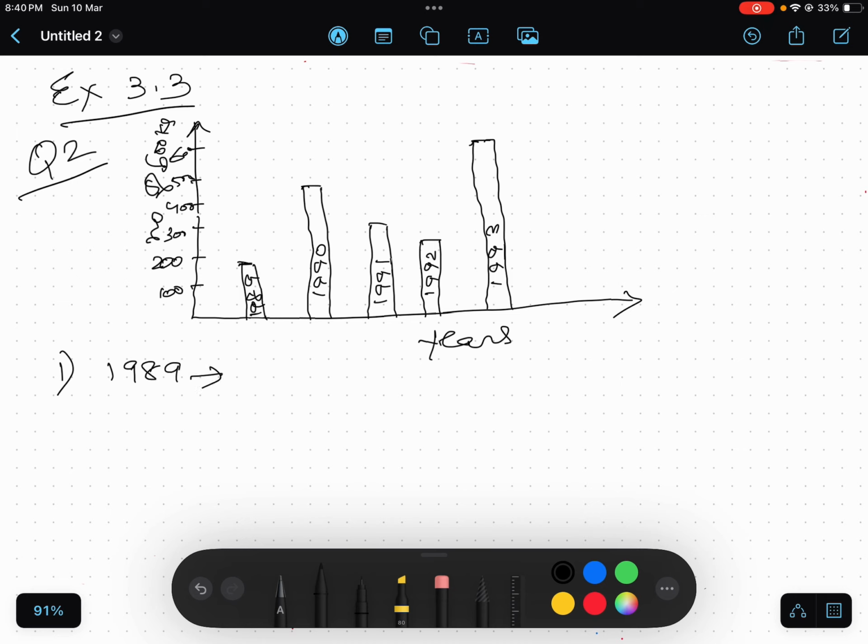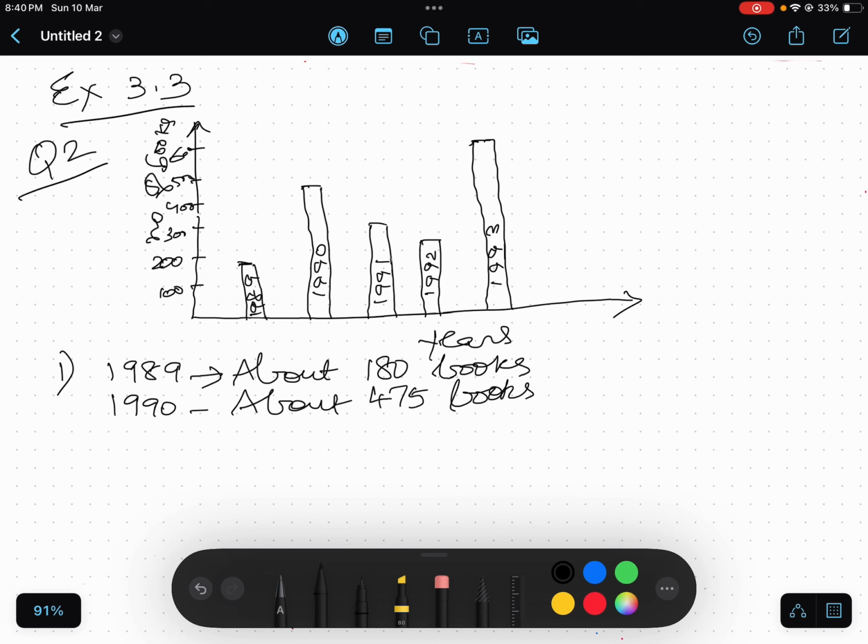So in 1989 about 180 books were sold. Then in 1990 it was about 475 books. You can just read it here. And then in 1992 it was about 225 books.